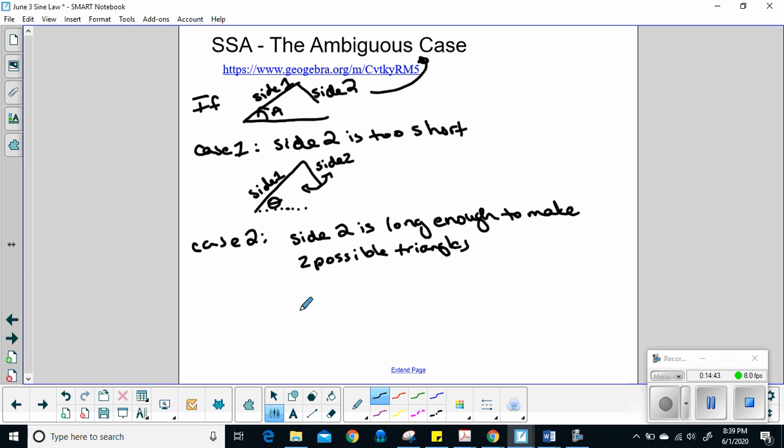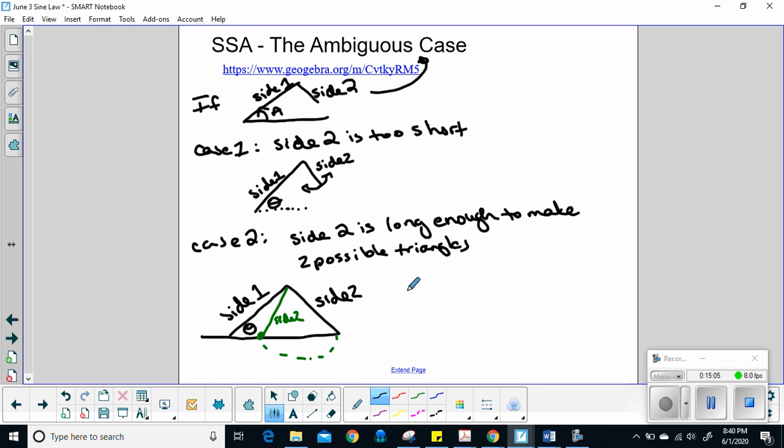So that's the one where it looks like either there. So there's my angle, there's side 1. So side 2 can go here, or it can swing around and land here. So side 2 could be there, or it could be there.